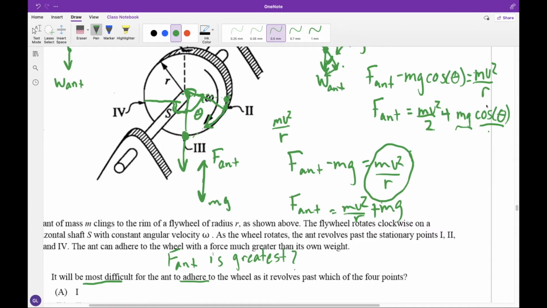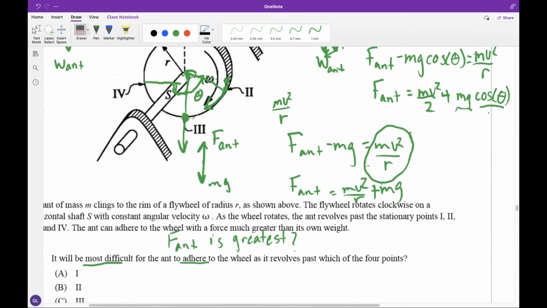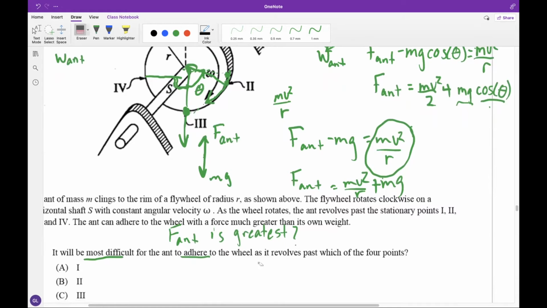And so cosine of 90 is 0. So this is why I was saying that when it's at the perfect side position, you don't really have to worry about the weight. The force is just mv squared over r. But position 2 does look like it's a little bit below that. So we are going to get a component of that weight, mg cosine theta.